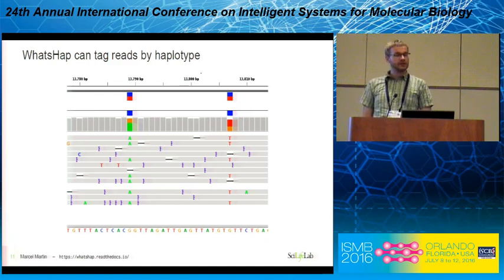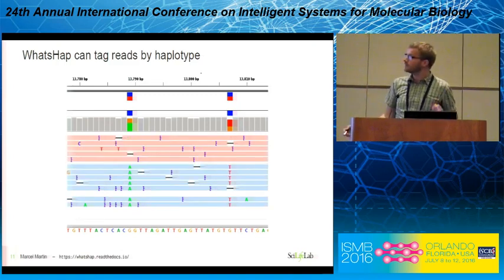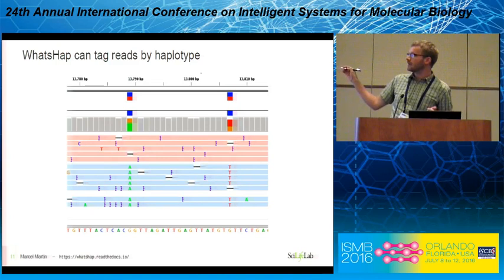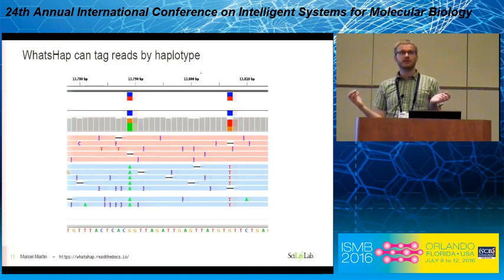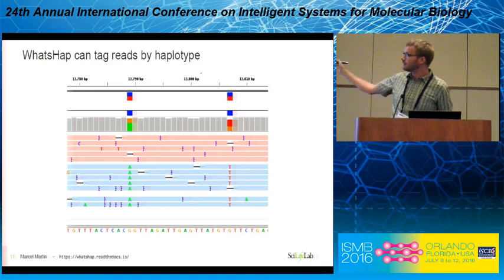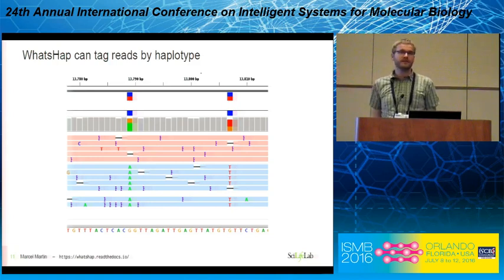And then you can do phasing with WhatsApp, and then you can tag the reads in addition, and then you get this nice picture, and you can actually color them in IGV, and you can really visually distinguish the two haplotypes from each other. So we have the first haplotype here and the second haplotype there, and you can see that the alternative alleles are visible in those reads.